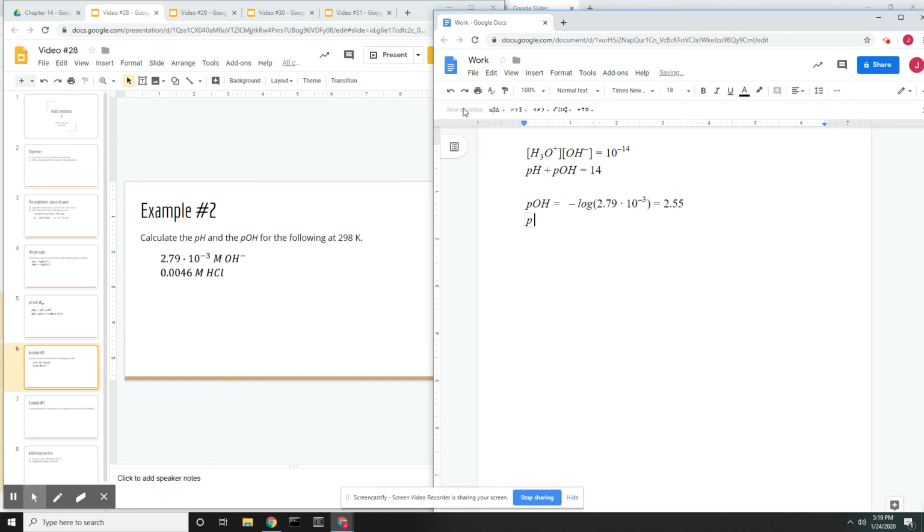I'm just going to use the second one because I think it's easier. Right, and then same sort of thing for the other one.